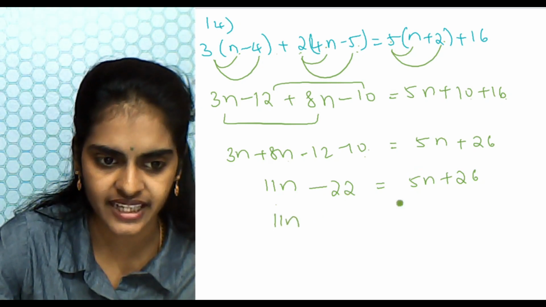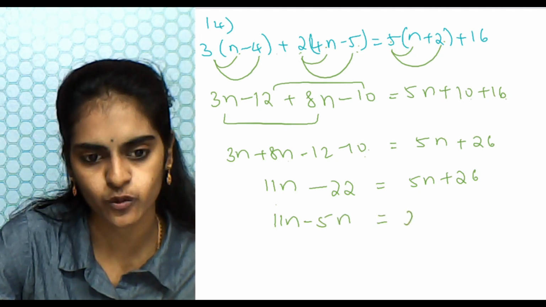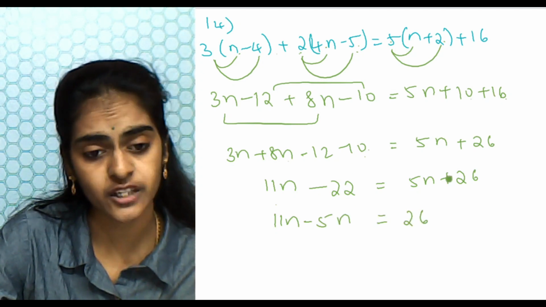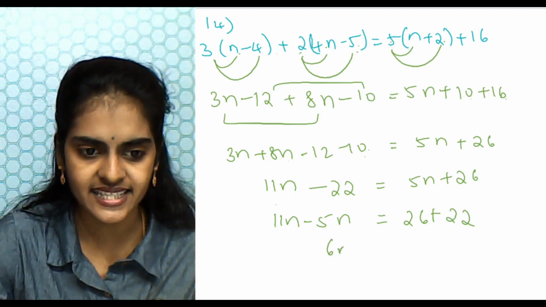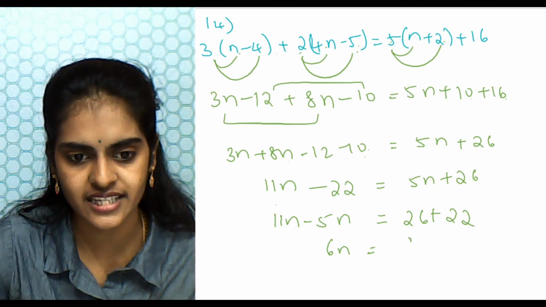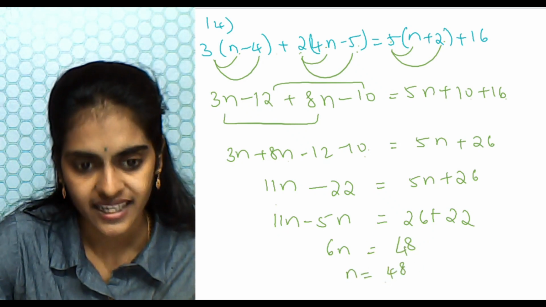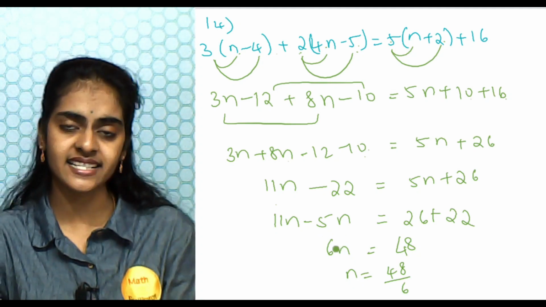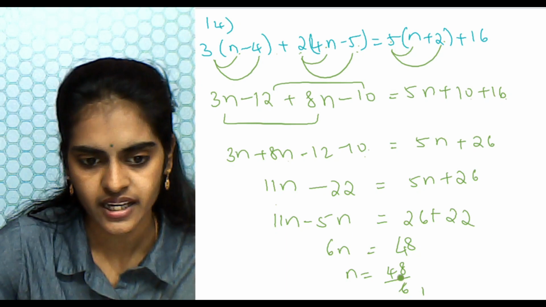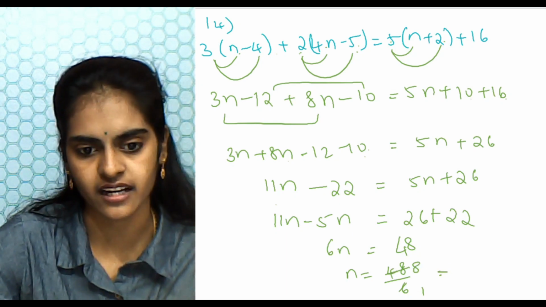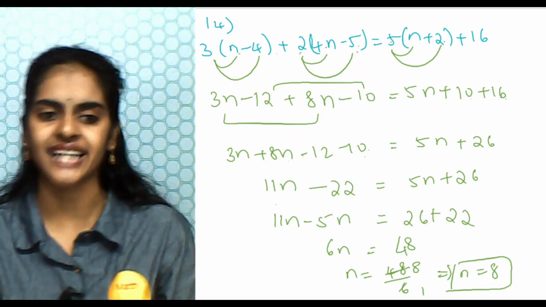So you have 11n, this 5n bringing it to this side becomes minus 5n is equal to 26. This minus 22 taking it to the other side becomes plus 22. So this is 6n is equal to 48. So what is n? n is 48 divided by 6, because the 6 is in multiplication, so sending it to the other side becomes division. So 6 ones are 6, 6 eights are 48, so n is 8. Simply you'll get the answer of n as 8.